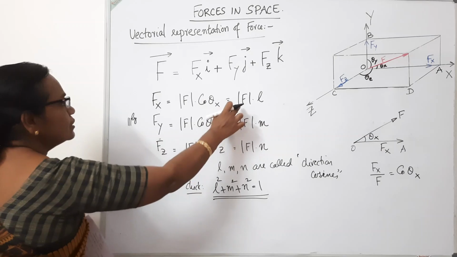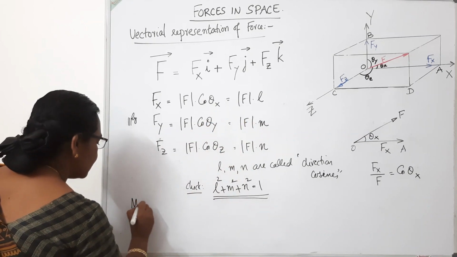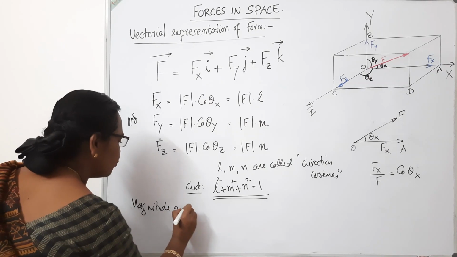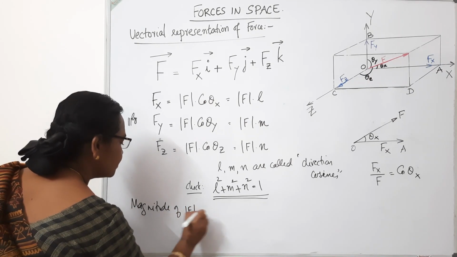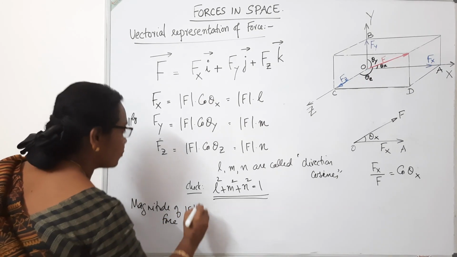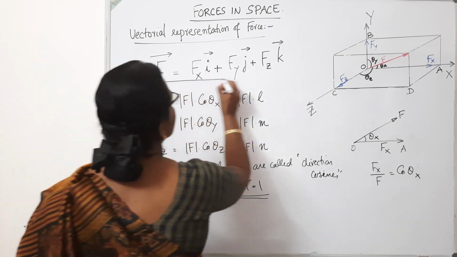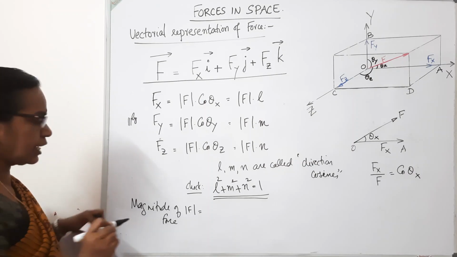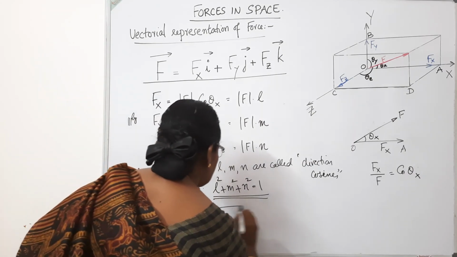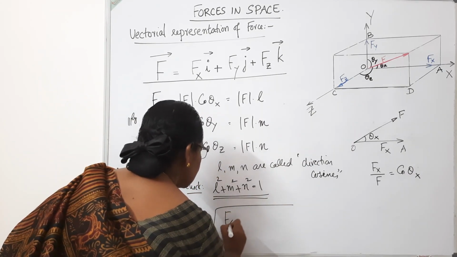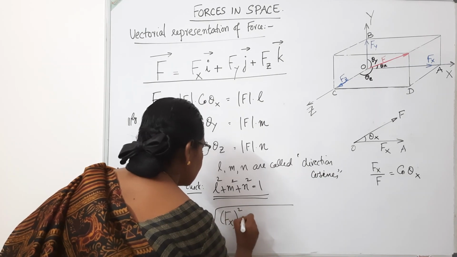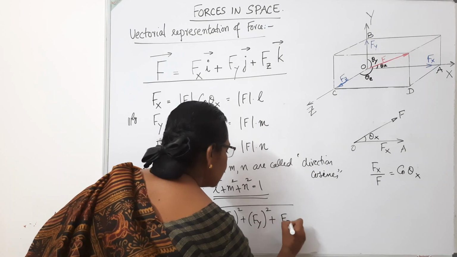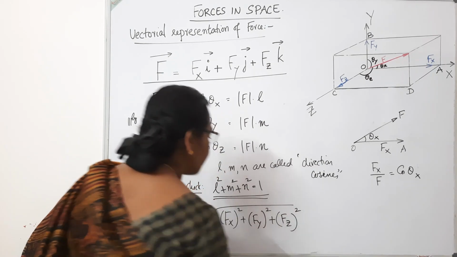Now, what is the magnitude of F? The magnitude of the force vector. This is the representation of a force system: F is equal to Fx i plus Fy j plus Fz k. So the magnitude is given by the square root of Fx square plus Fy square plus Fz square.